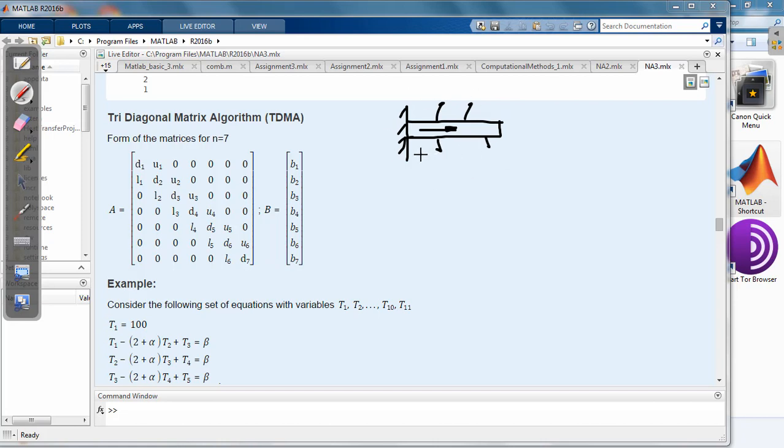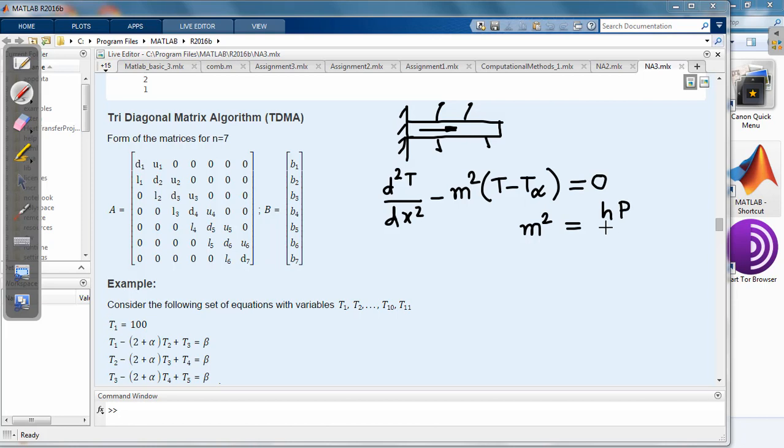So the governing equation of this fin problem, in a steady state format, is d2T/dx2 minus m square into (T minus T infinity) equal to 0, where m square is basically the convective heat transfer coefficient times the perimeter of the cross section, divided by the thermal conductivity of the solid fin and the cross sectional area.